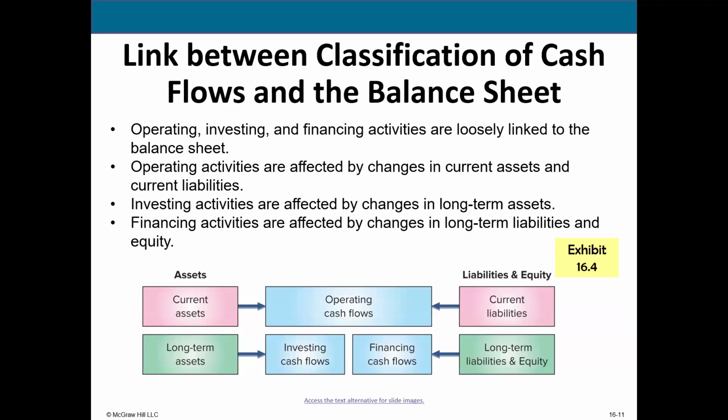Current liabilities: I got to pay my accounts payable, wages payable, taxes payable, interest payable. All my current liabilities and current assets, all of those line items are directly related to operating cash. That makes sense because all my current assets and current liabilities are generated from my operations, right? And I need cash for my operation.